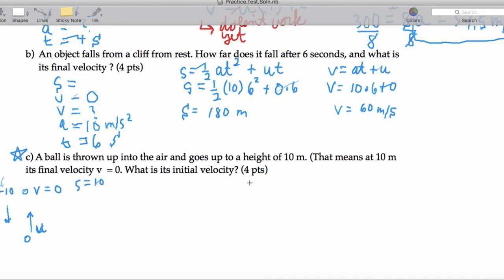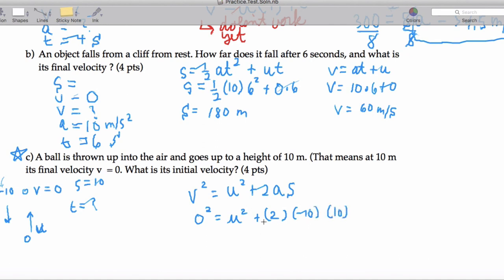So let's just get the initial velocity. We don't have the time. So I'm going to use this formula. V squared is u squared plus 2 times a times s. 0 squared is my unknown u squared plus 2 times my acceleration of -10 times s, which is also 10. So that gives me 0 squared equals u squared minus 200. We will add 200 to both sides.